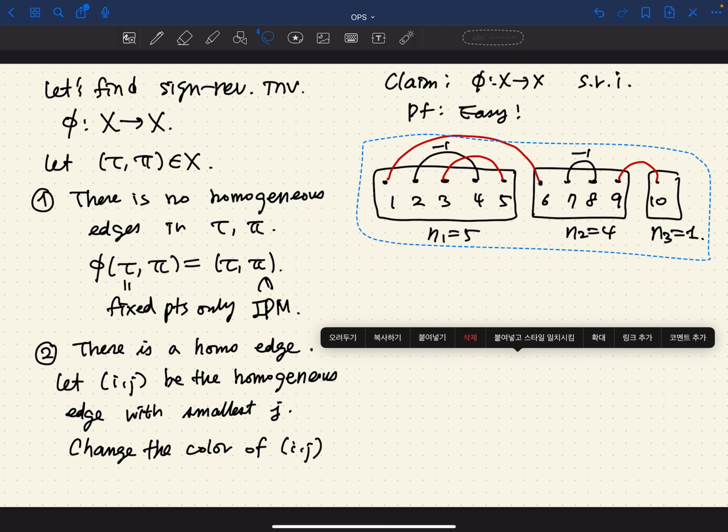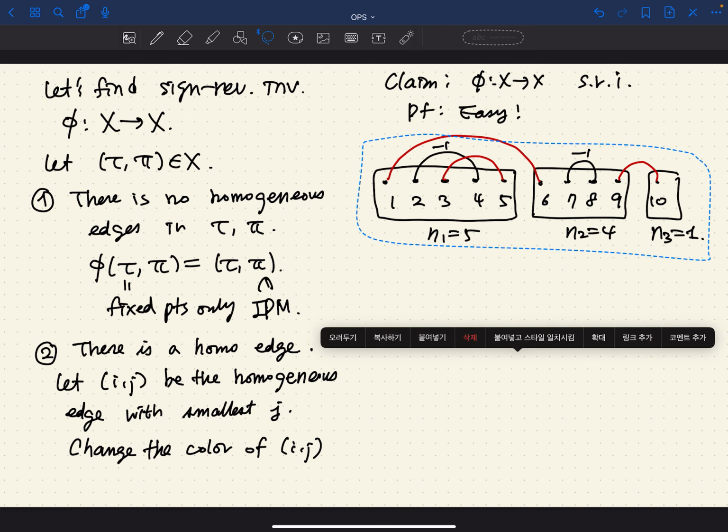And of course, a cycle is inhomogeneous if every edge, every arrow, connects two elements from, say, Jr and Js.